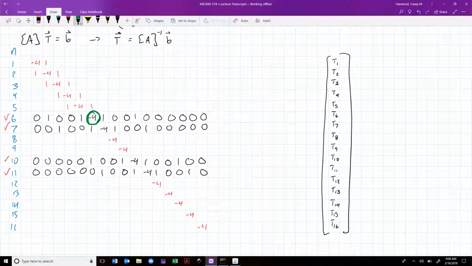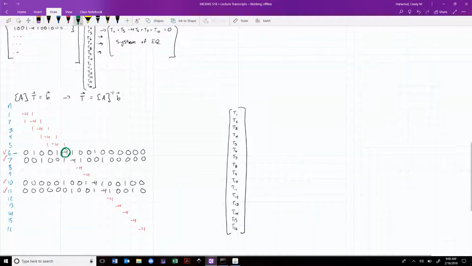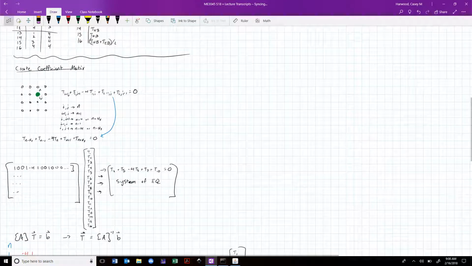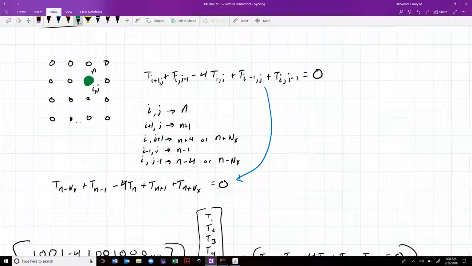For index 6 here, at node number 6, which would be 1, 2, 3, 4, 5, 6 at this location, to look at the neighbors, we have to go over left 1 in order to go i minus 1. We have to go n minus the number of grid points in the x direction. So it's simply counting backwards the number of points it has to go.